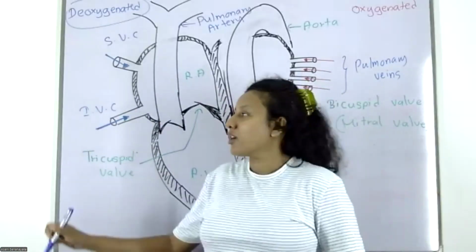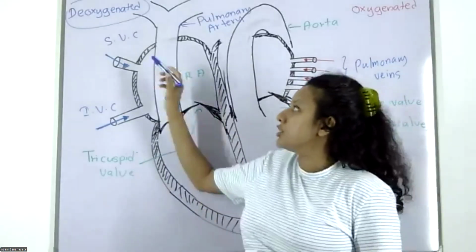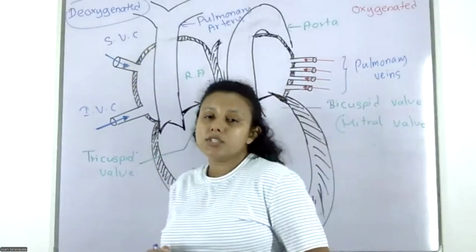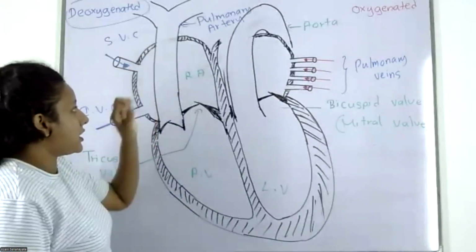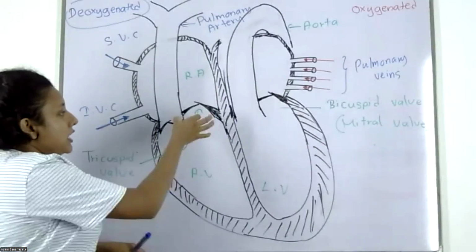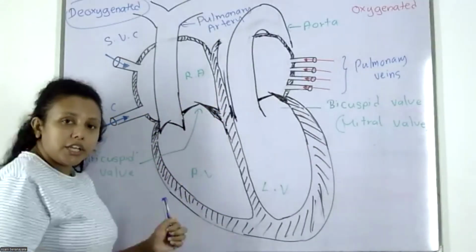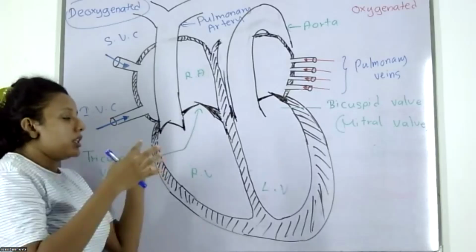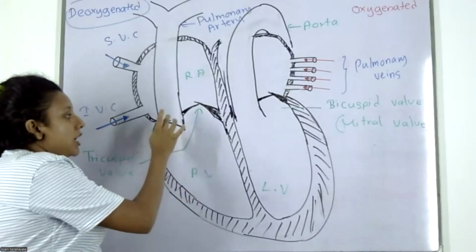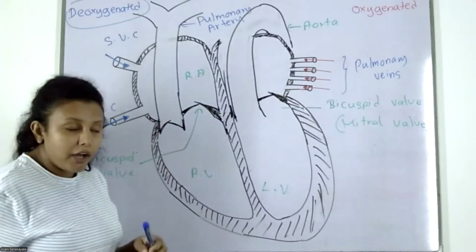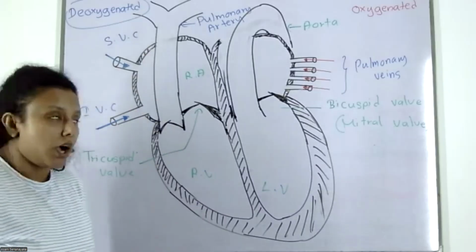Blood is red, but to help understanding when drawing, we use blue for deoxygenated blood. When this deoxygenated blood is collected by the atrium, the tricuspid valve opens and brings the blood to the right ventricle. When the right ventricle fills with blood, it opens the pulmonary semilunar valve and pushes the blood to the pulmonary artery.